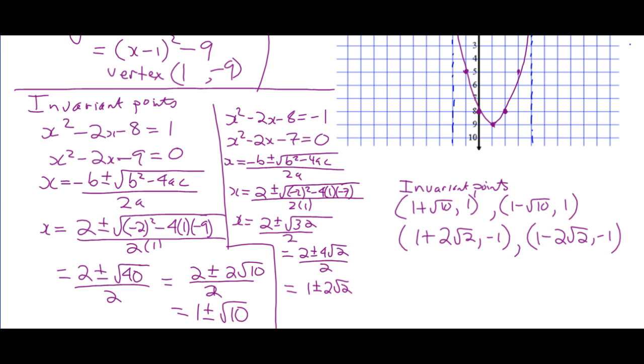Okay, so we have to list those. There are 4 invariant points, with exact values. When we say exact values, you do not give decimals. It means it's probably going to be in radical form, and I need to give it as a simplified radical.